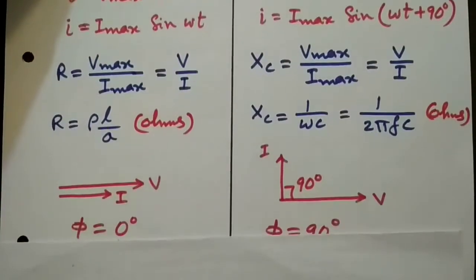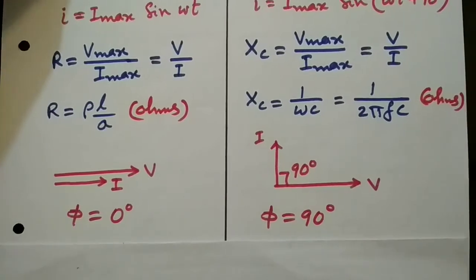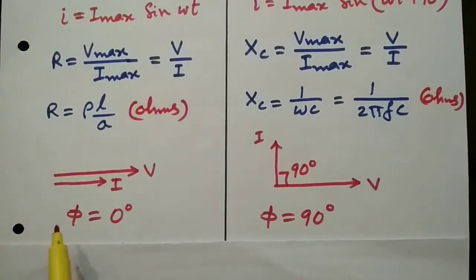Next is the phasor diagram of the voltage and current. For a purely resistive circuit, we have seen that the voltage and current are in phase. Therefore, their phase difference phi is 0 degrees.